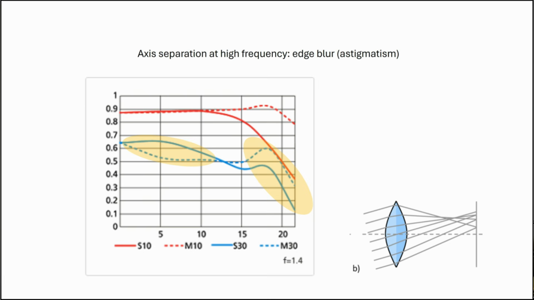Unlike the aberrations we discussed before, astigmatism doesn't improve much by stopping the aperture down.